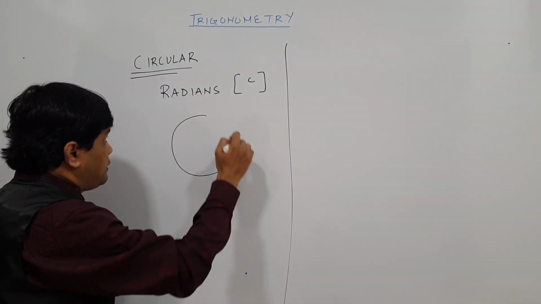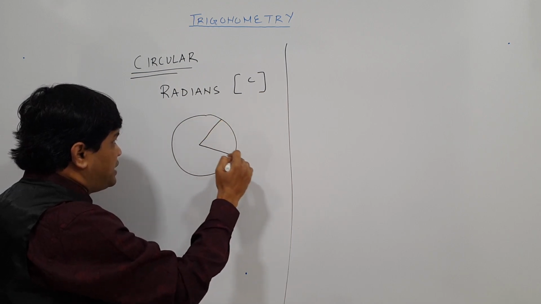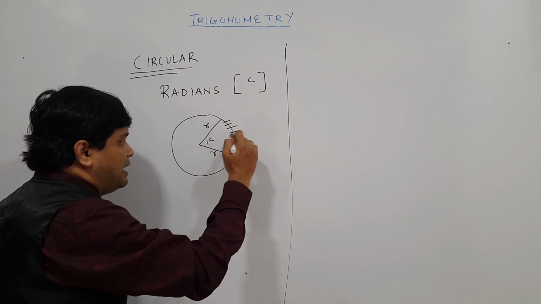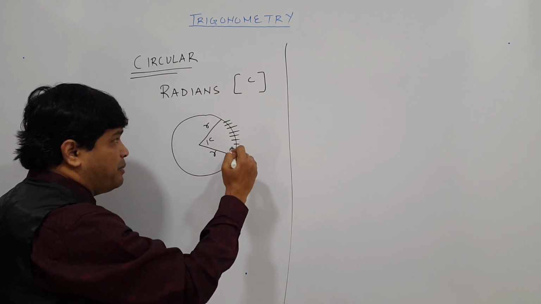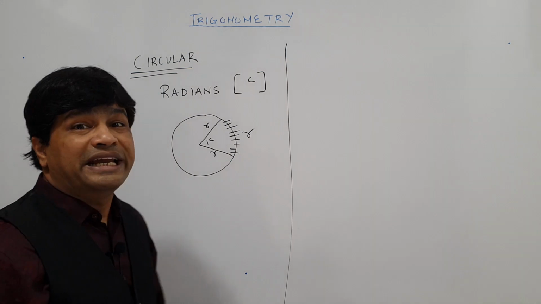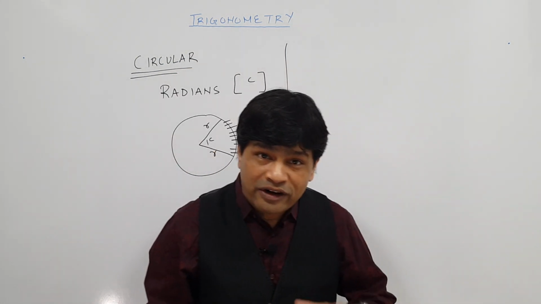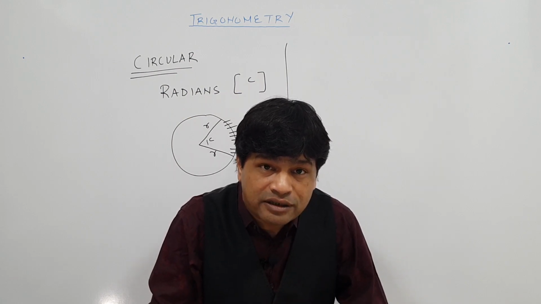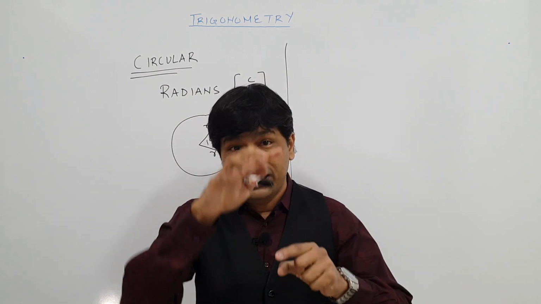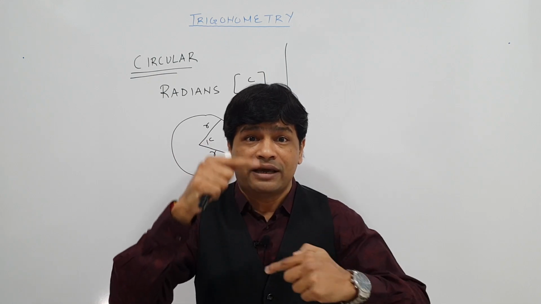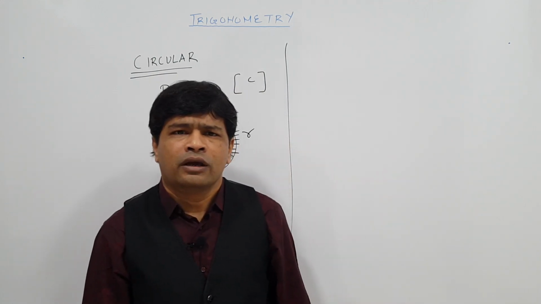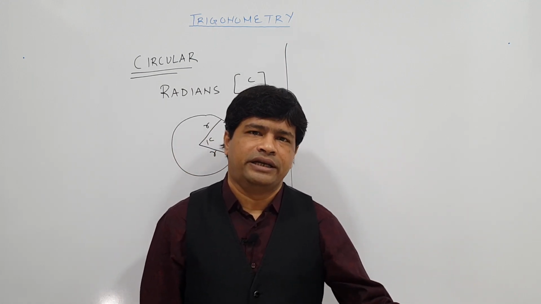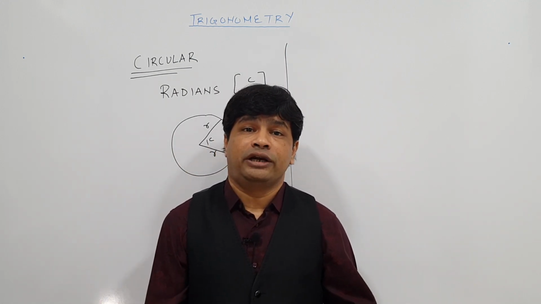One radian is the angle subtended at the center such that the length of the arc subtended by it is equal to the radius of the circle. Now you may say, sir, I initially measured the angle in degrees, and now you are telling me to measure in radians.